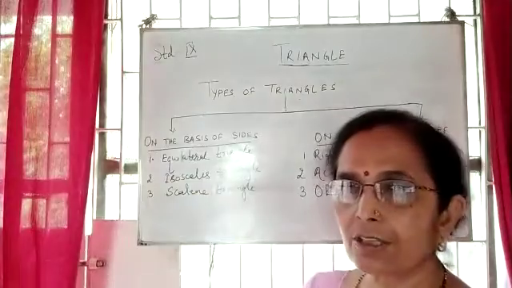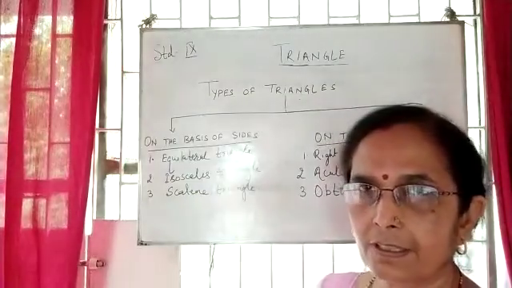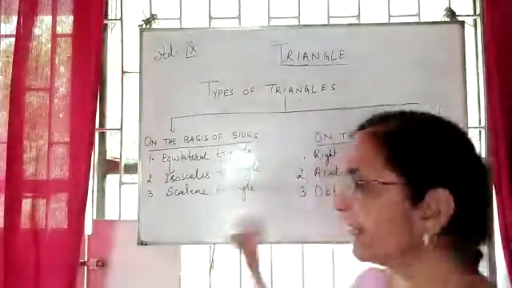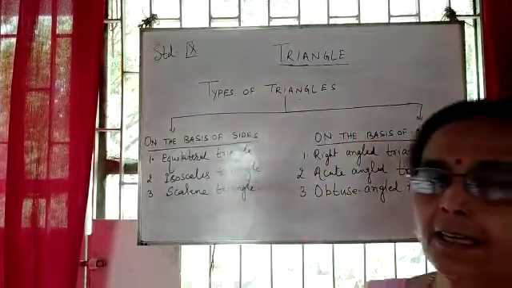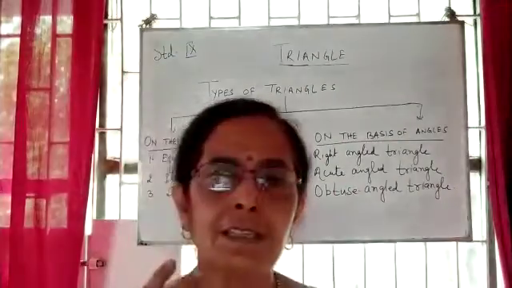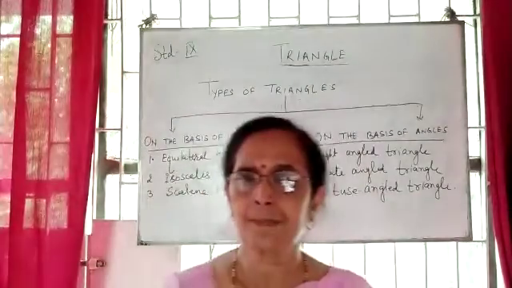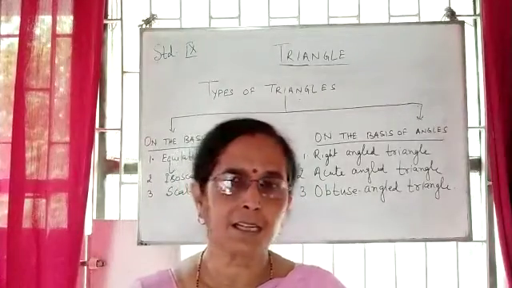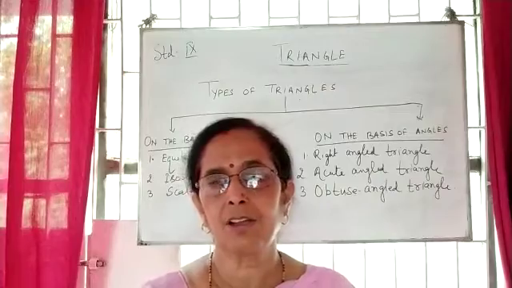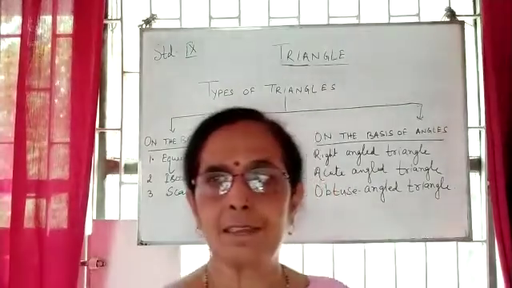And the triangles on the basis of measure of angles. The first, right angle triangle, the second, acute angle triangle, and the third is the obtuse angle triangle. So we are having 6 different types of triangle. Obviously, they are under the 2 categories: on the basis of measure of sides, on the basis of measure of angles.